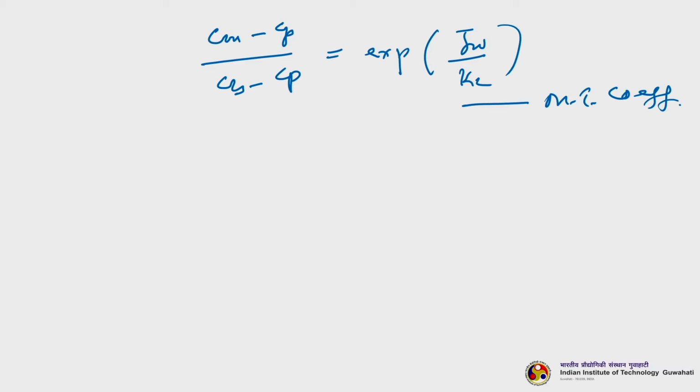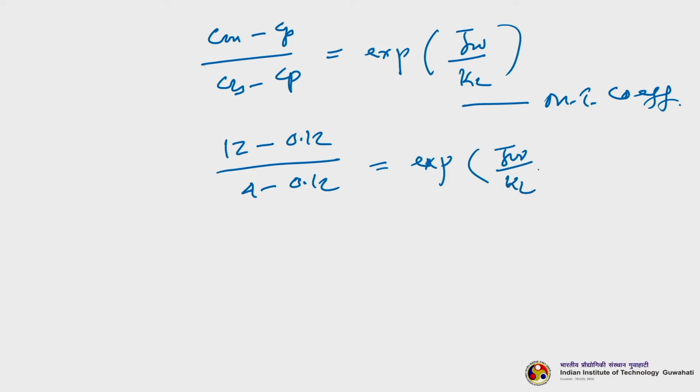Basically, it is (12 minus 0.12) divided by (4 minus 0.12), equals exponential to the power of Jw by Kl. So, we will find Jw by Kl equals 119.